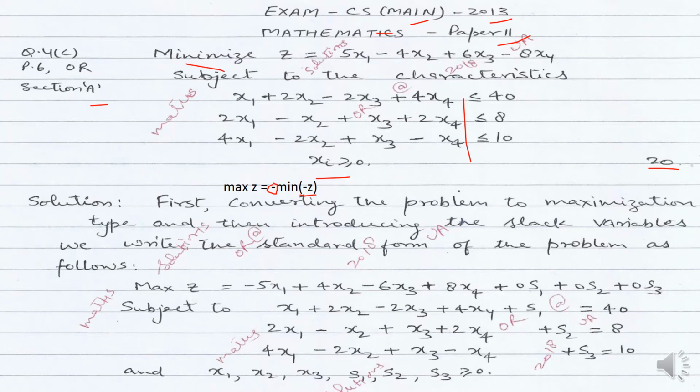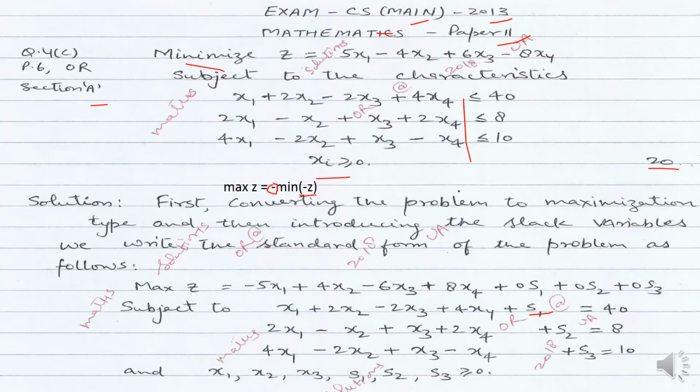So we have written this objective function after changing the sign of the variables, subject to the constraints x1 plus 2x2 minus 2x3 plus 4x4 plus s1 is equal to 40, when we added this slack variable s1 on the left hand side.